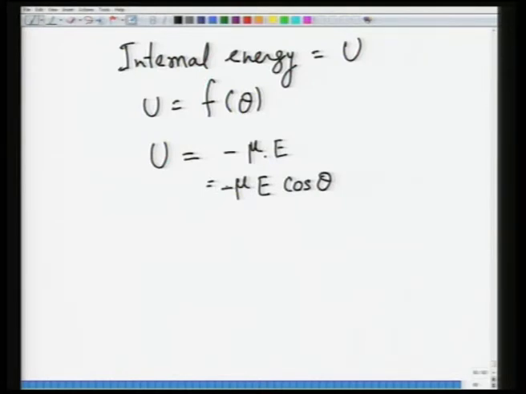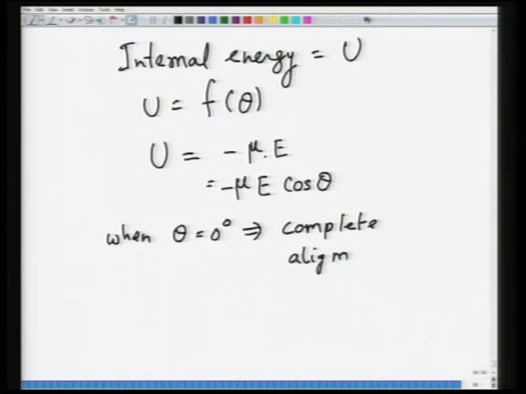Okay. So you can see naturally when theta is equal to 0, what it means is complete alignment. And this means U is equal to minus mu E, which means minimum energy.